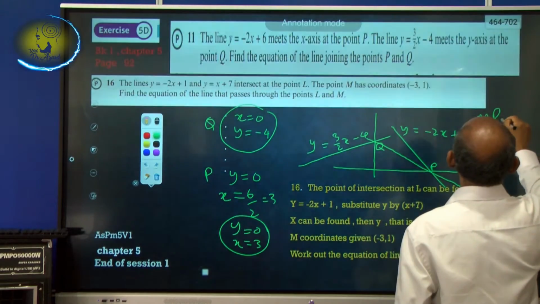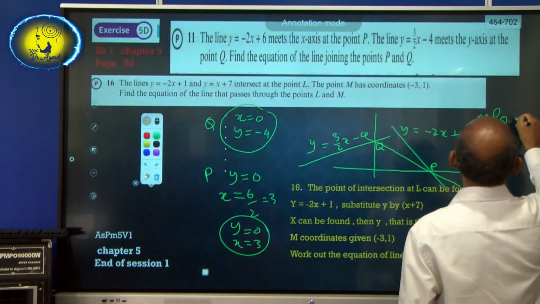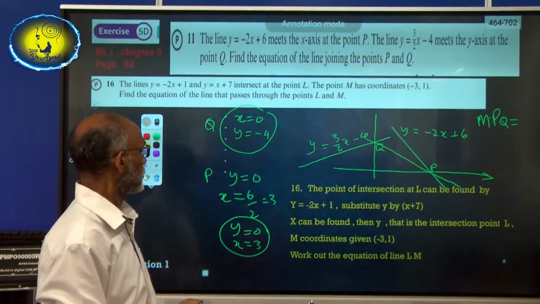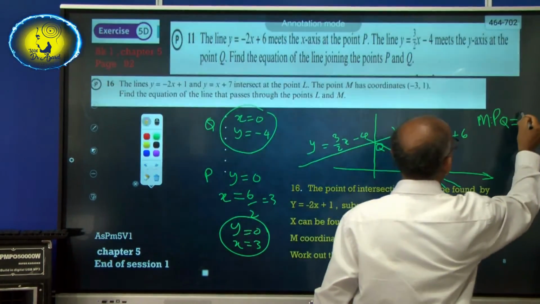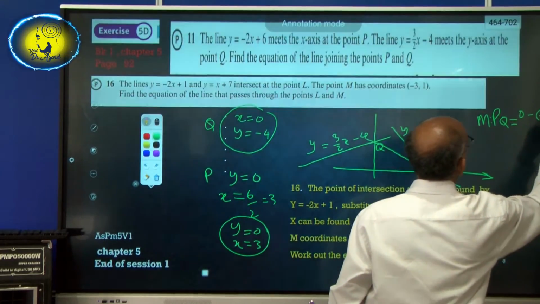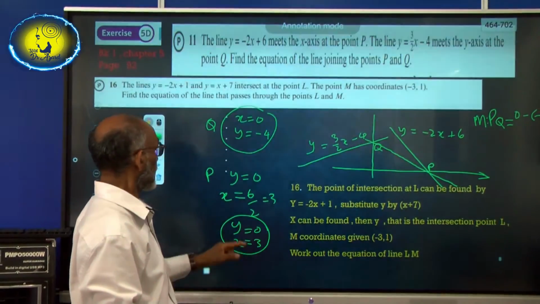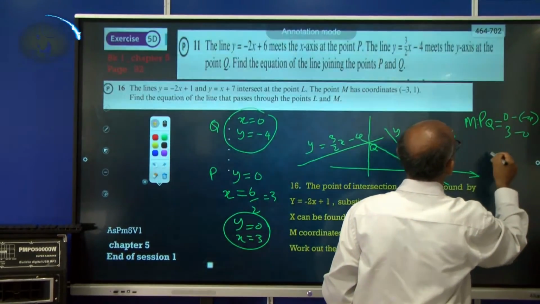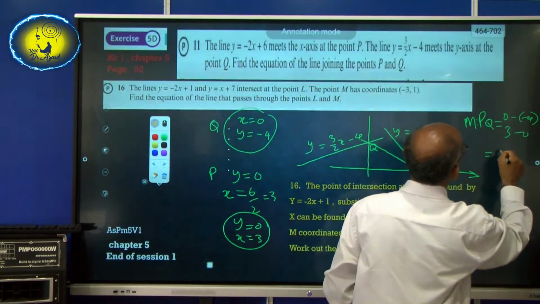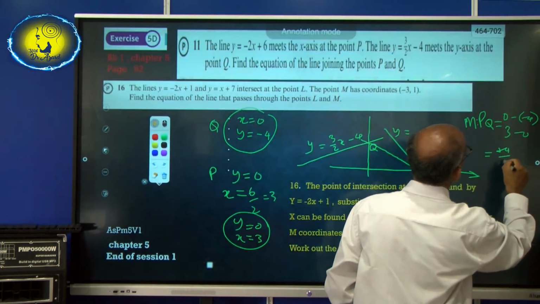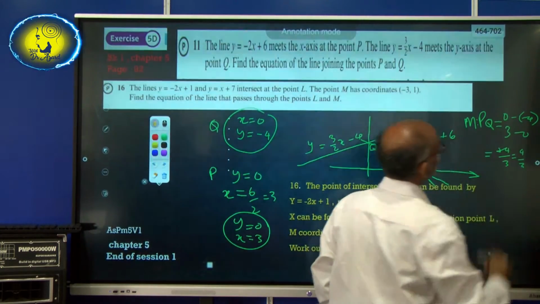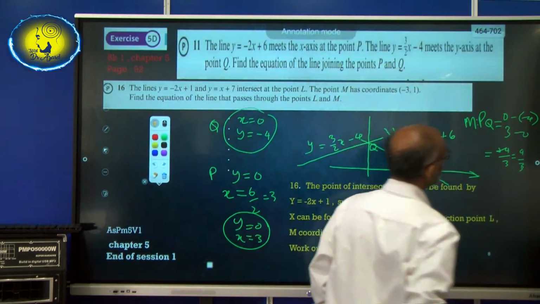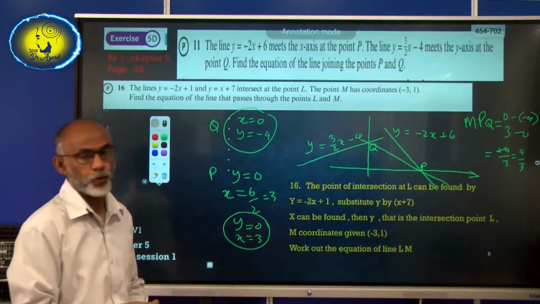Gradient of PQ equals (0 minus minus 4) over (3 minus minus 3), and we know the gradient is 4 upon 3.